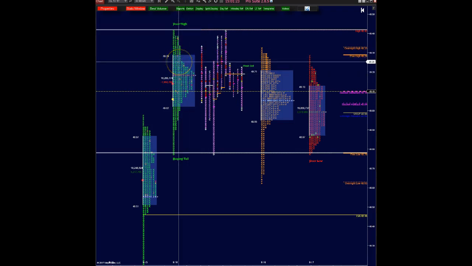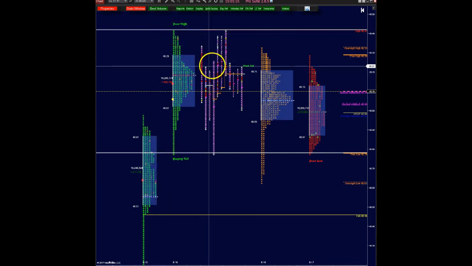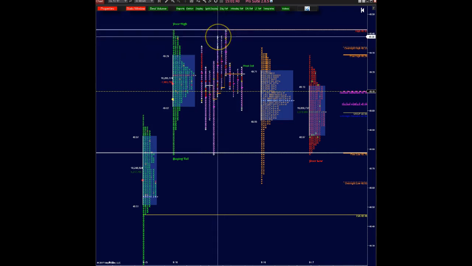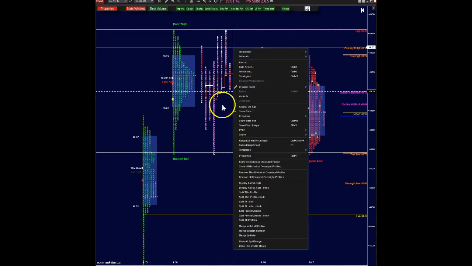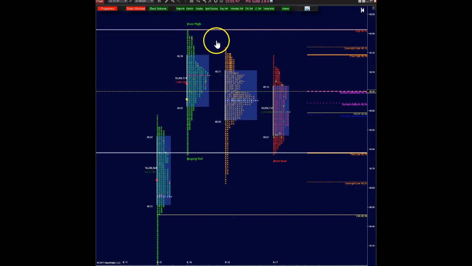We stalled here at the high, but we also had a poor high yesterday, and after 5 consecutive days up, I consider that the short-term inventory was probably a bit long at the open. So that was the inventory condition when we opened this morning.